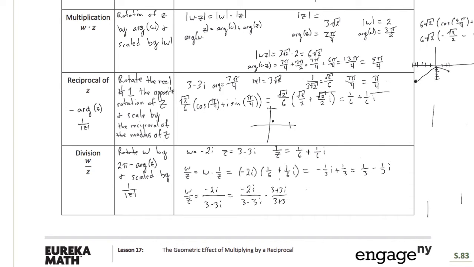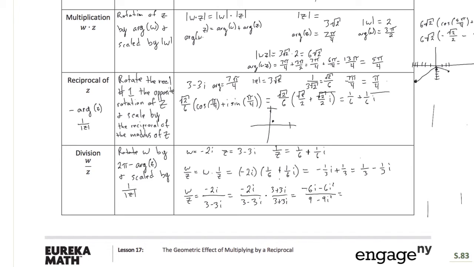That one will equal negative 6i minus 6i squared. And the bottom will obviously equal 9 minus 9i squared. I can already see where this is going.